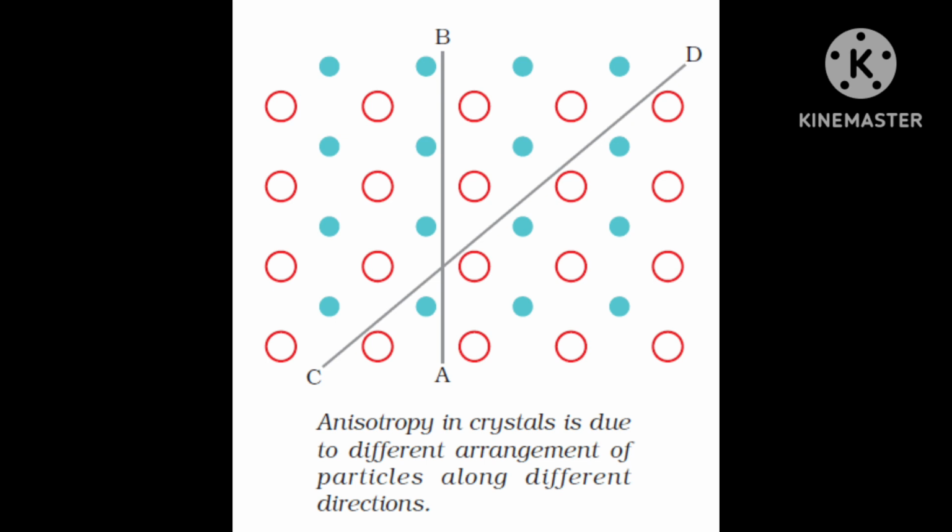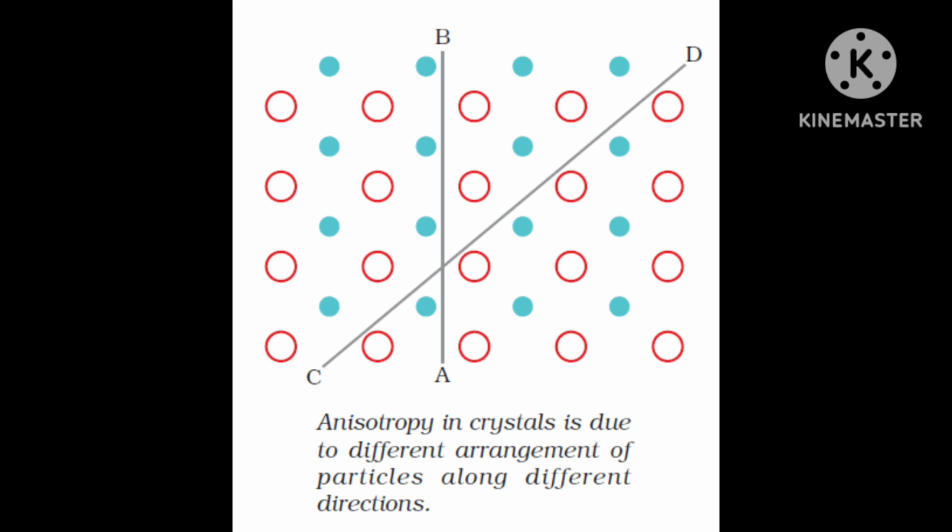This I told about the crystal lattice: a regular three-dimensional arrangement of points in a space is called a crystal lattice. A portion of the crystal lattice, the smallest portion, is actually called the unit cell.